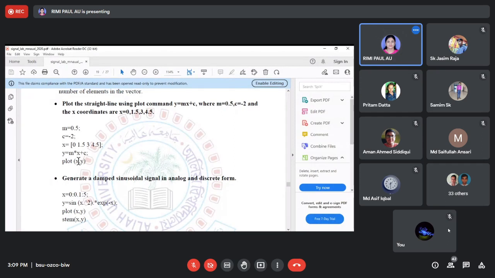Okay, first the problem you will write, and here you will write the program. Whatever program you write in your MATLAB, mobile MATLAB or MATLAB software on your laptop, the same way you will write it in your lab copy.